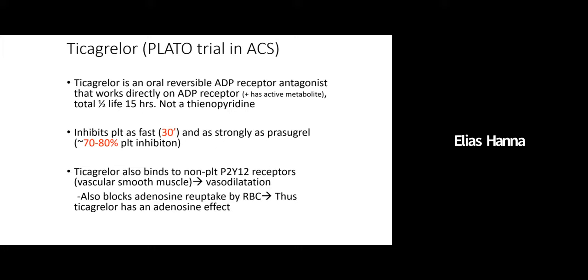In some real-world registries, up to 10% of ticagrelor-treated patients get some dyspnea, subjective dyspnea, not objective, but it's attributed to that adenosine effect. Although they extremely rarely get bronchospasm, it's mostly just subjective dyspnea.